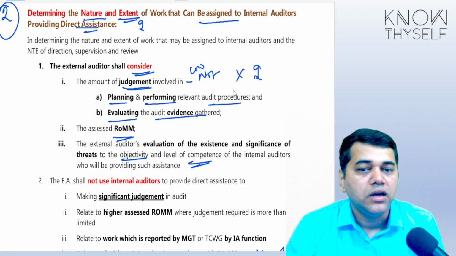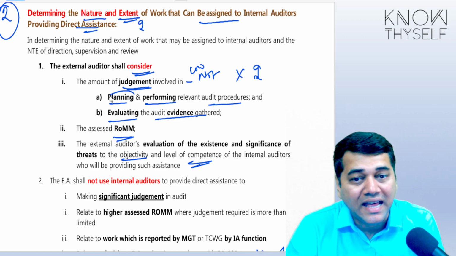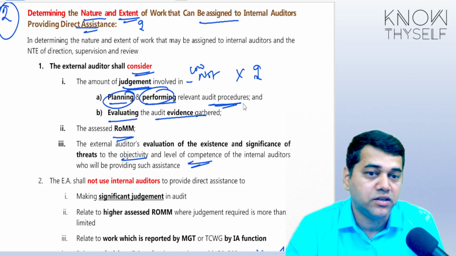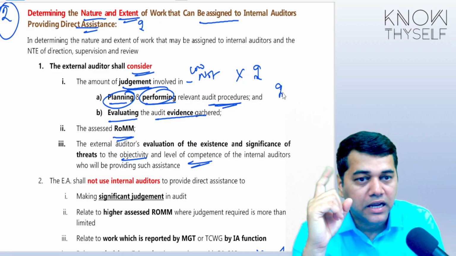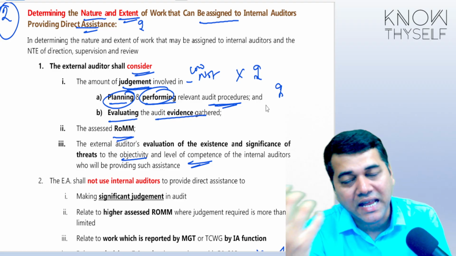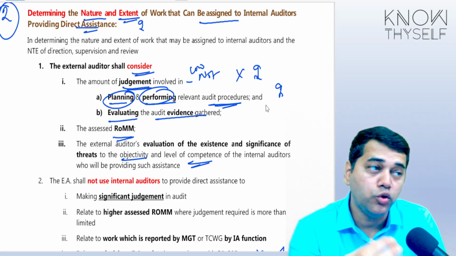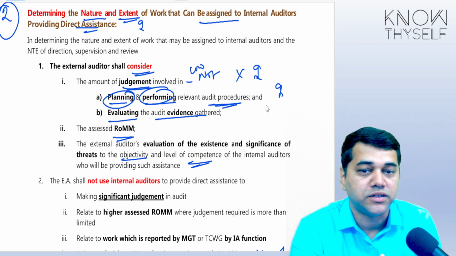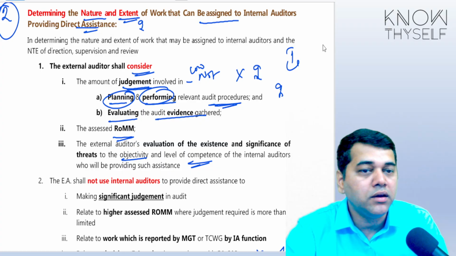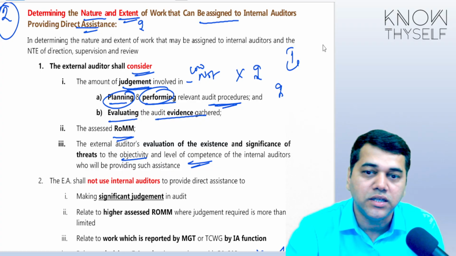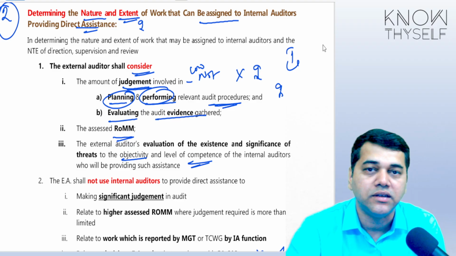Now, the amount of judgment involved in planning and performing procedures. If I tell you some work, you need to plan that work and you need to perform it. Does it require significant judgment? Like impairment testing. Impairment testing is a very critical activity.